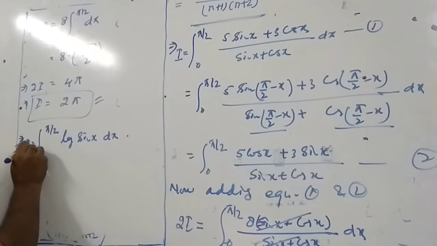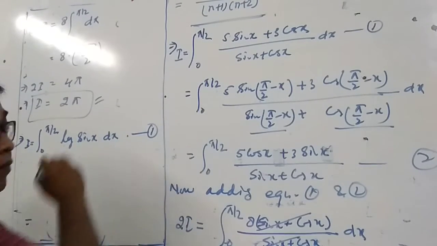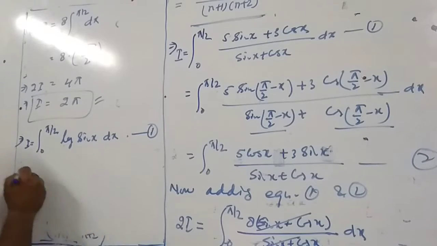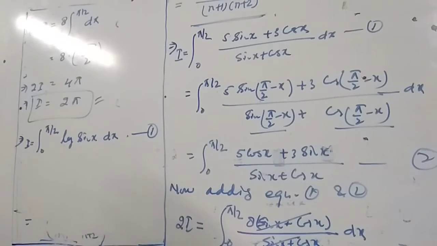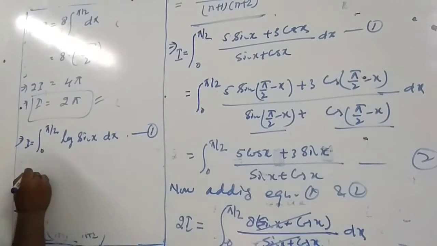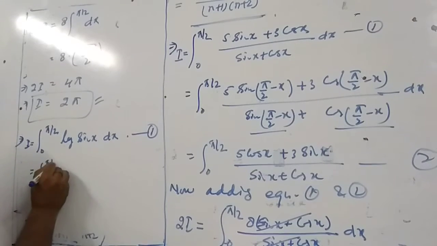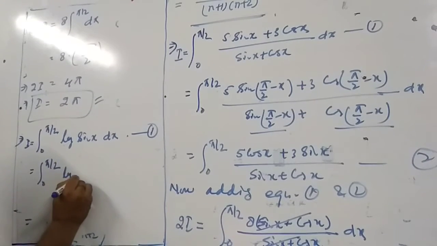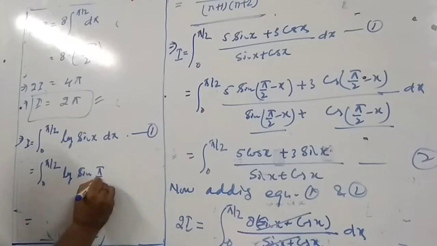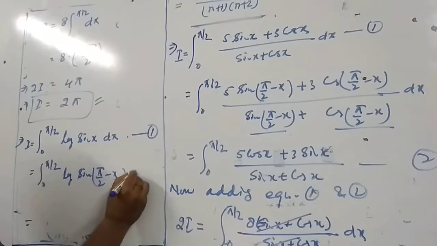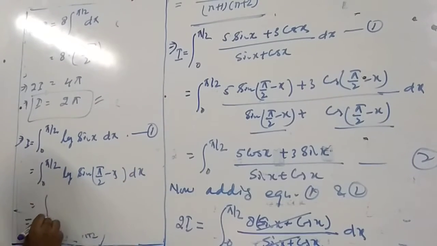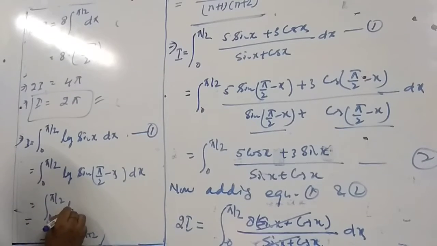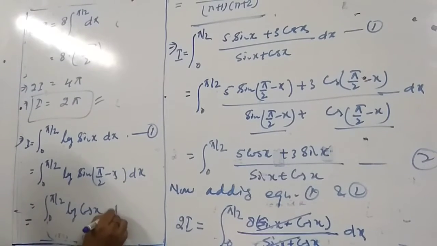Taking this as I, equation number 1. As usual, again we will apply property number 6 here: 0 to pi by 2, log sin(pi by 2 minus x) dx. So this becomes log cos x dx.